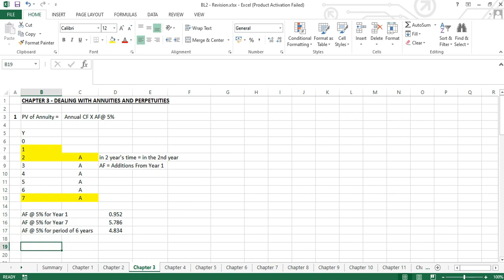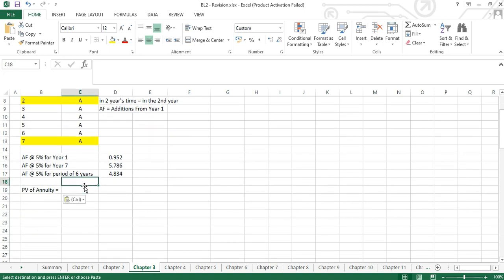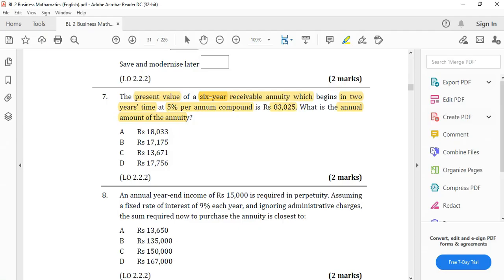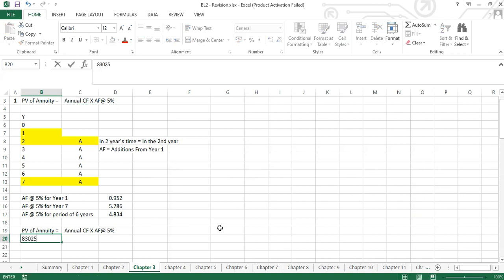Therefore, now put it into the equation again. Present value of annuity is equal to annual cash flow times annuity factor. We know the present value they gave in the question. It's 83,025. That is equal to the annual cash flow, which we don't know, times the annuity factor we know, which is 4.834.